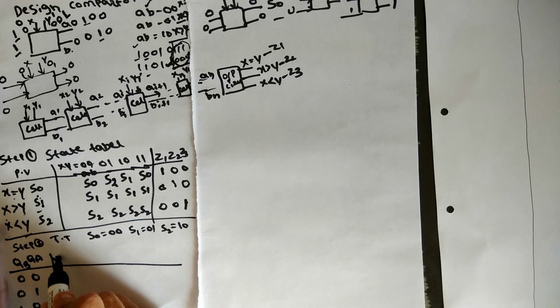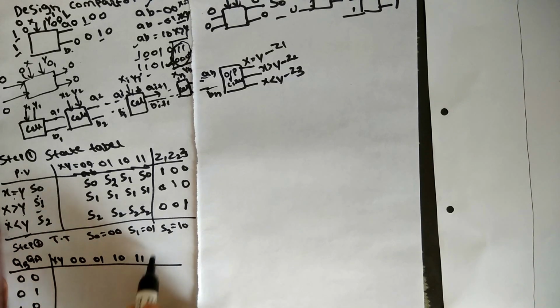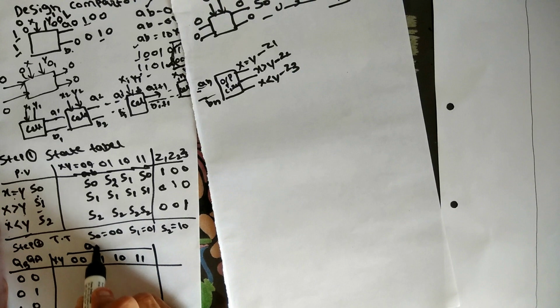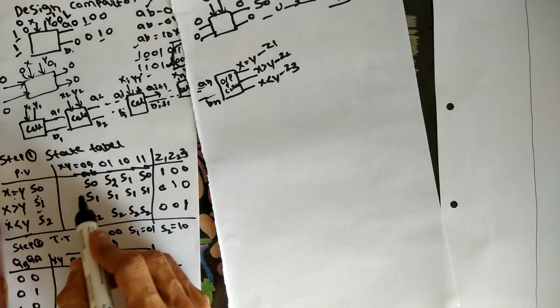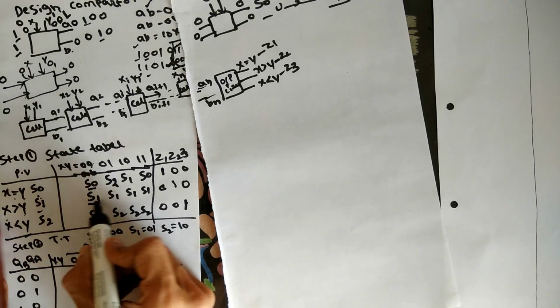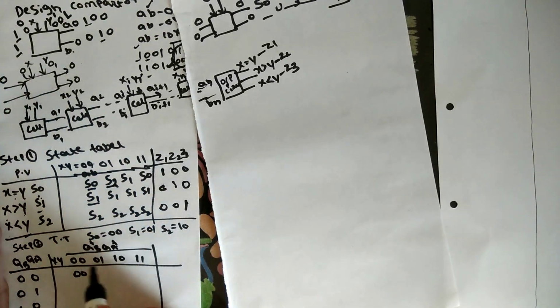Then for XY, I have the options 0 0, 0 1, 1 0 and 1 1. All these states I can take as QB plus and QA plus. So first is S0 here. S0 is 0 0, and we can take this horizontally.